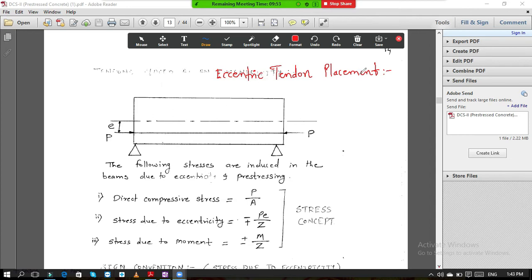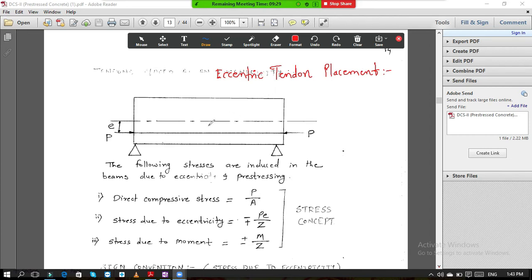Okay. So again the things are very simple. If it is not passed through the centroid, then eccentricity will get developed. I have already shown you in the diagram how the eccentricity develops. If eccentricity is developed, there will be an additional stress due to eccentricity.